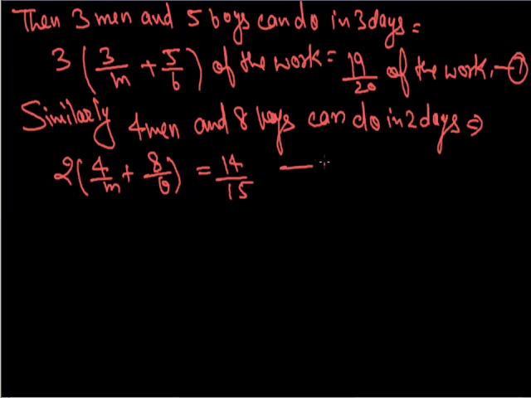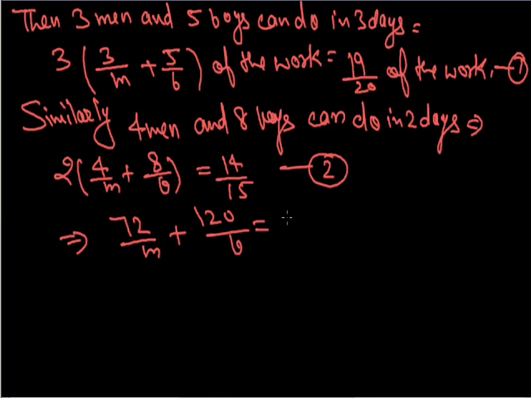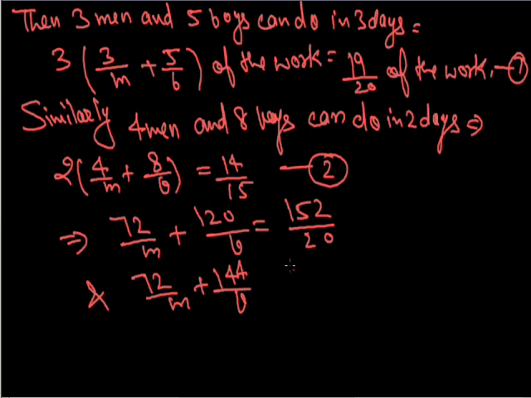So we have two equations that could be solved. Let us solve the equations, and we have 72 by M plus 120 by B is equal to 152 by 20, and the other equation is 72 by M plus 144 by B is equal to 126 by 15.